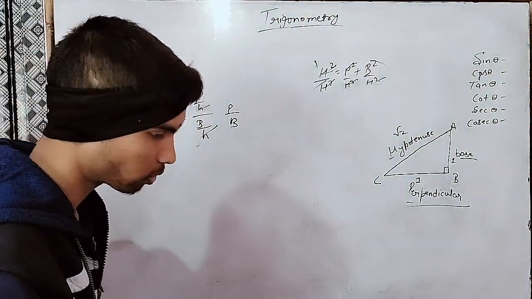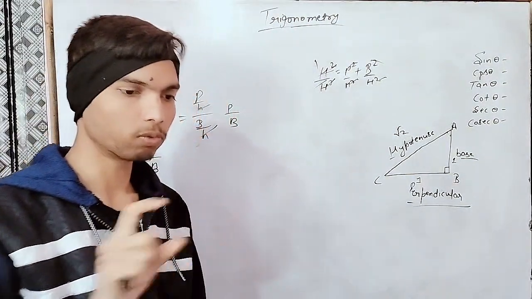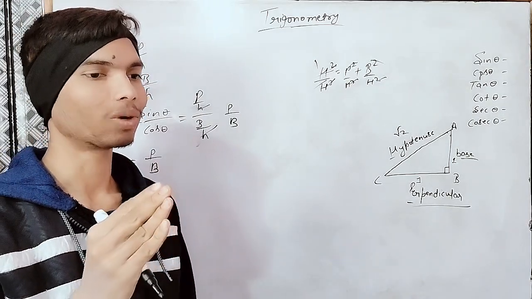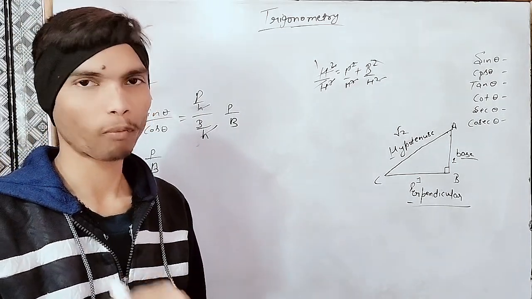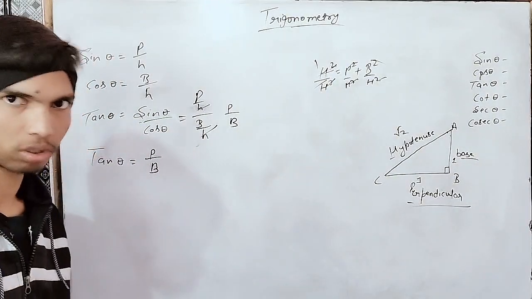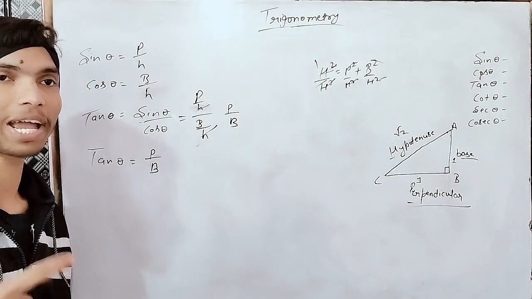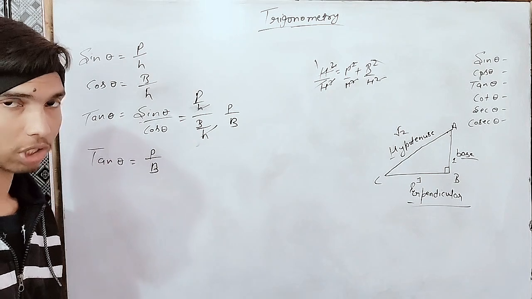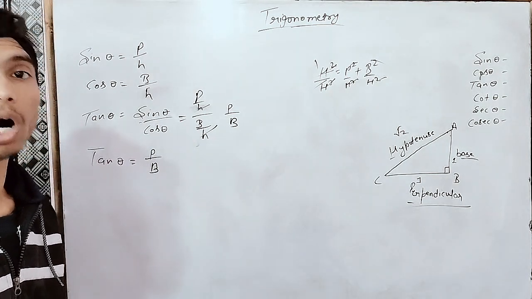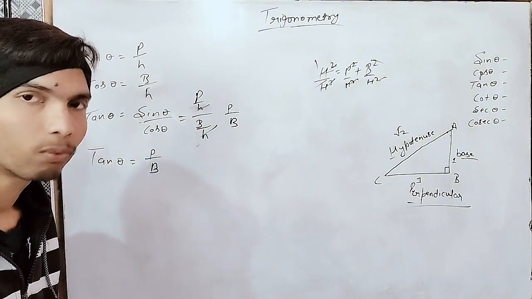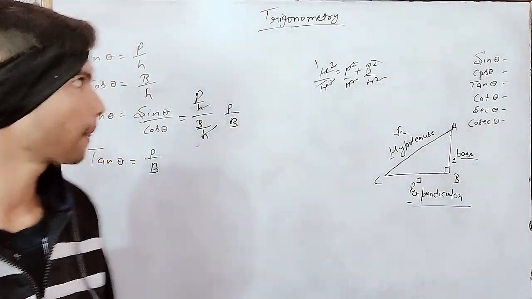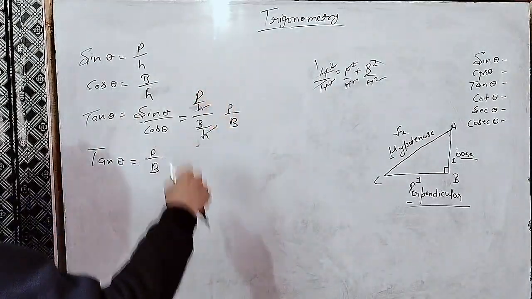When the question says find the value of H, and we don't have the value of H but we have the value of P, the question is the same: find the value of H. So how would we find the value? We apply the Pythagoras theorem.